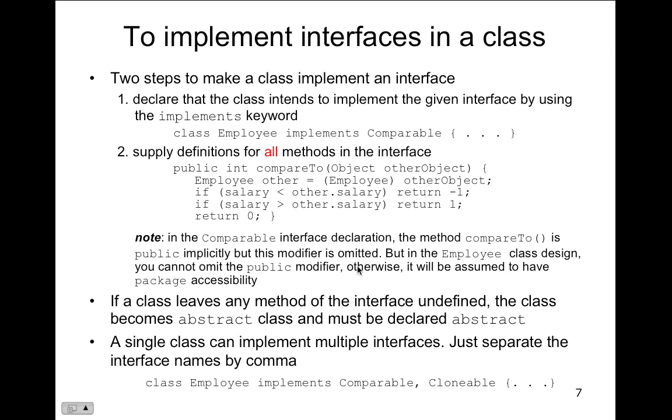Otherwise it's going to be assumed to be package accessible versus public. So you actually have to say public. So if a class leaves any methods of the interface undefined, the class becomes an abstract class and must be declared abstract.